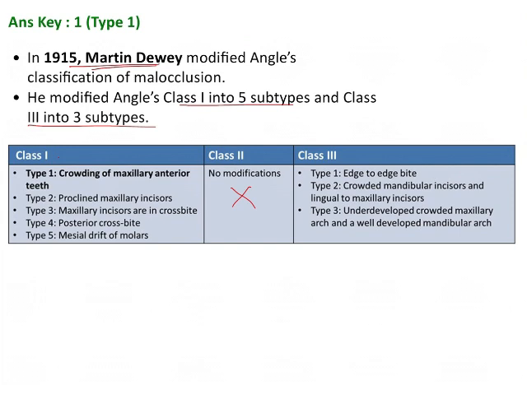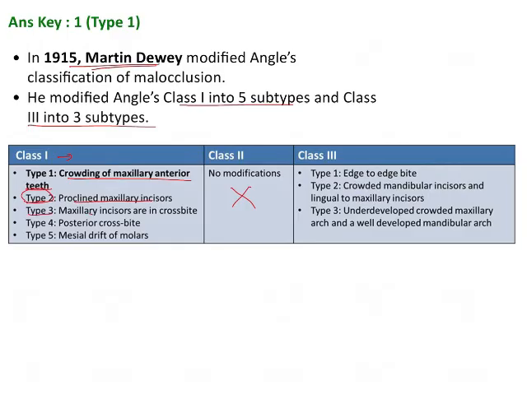Now in class 1, here we see that all of them have a class 1 molar relationship. In that, type 1 is when there is crowded or bunched anterior teeth or maxillary teeth. Type 2 has proclined maxillary incisors. This is easy to remember because usually in class 2 we see proclined incisors.